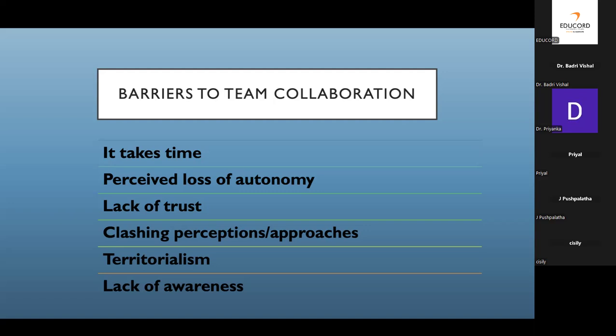Clashing perceptions and approaches, as I told you, the senior-junior things sometimes lead to all these clashes of perception and approaches. The seniors might be working in the more conventional and traditional way of managing patients.